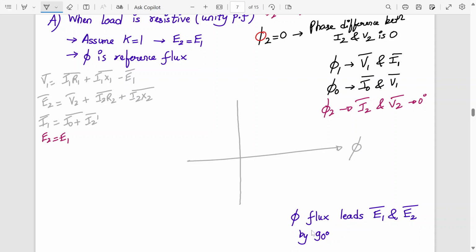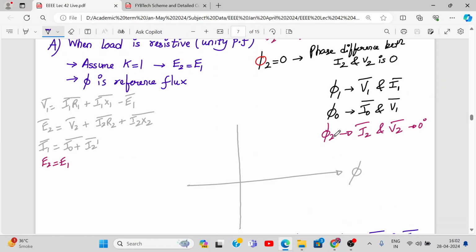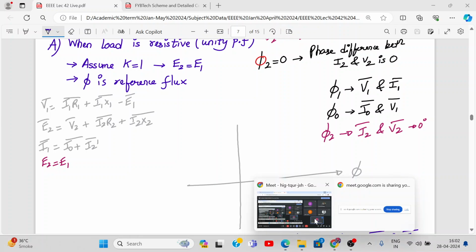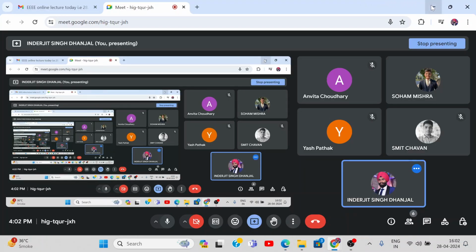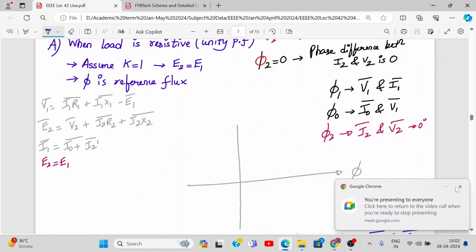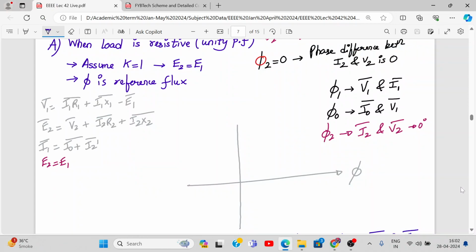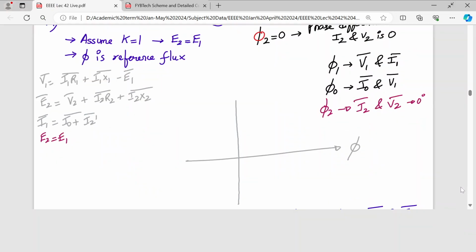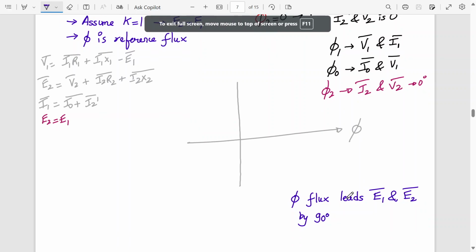Can you tell me? Flux phi is leading, so where will it be? Y-axis, yes. Y axis below or above?